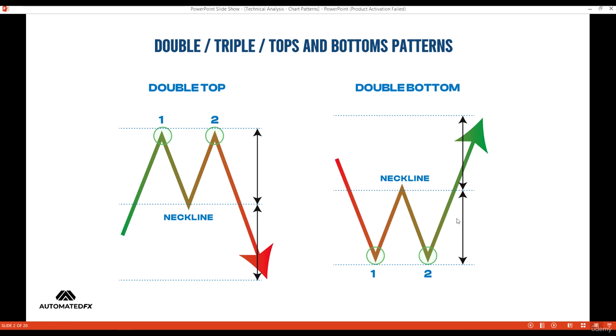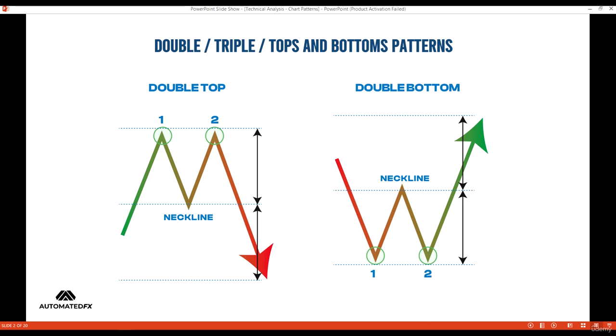Then if it breaks this neckline region, we are predicting that the market will come to a level that is approximately the same as this level from the neckline to the low of the double bottom.